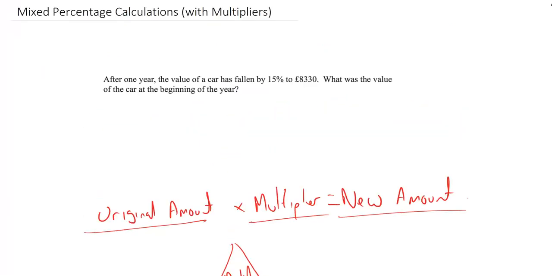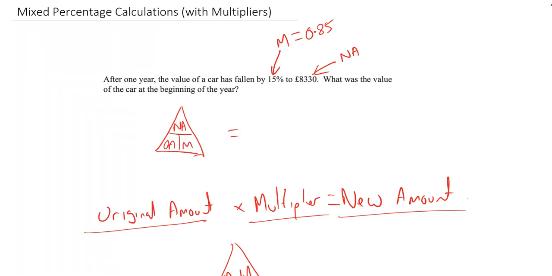Okay, so after 1 year, the value of a car has fallen by 15% to £8,330. What was the value of the car at the beginning of the year? So we've got the multiplier, we can work it out. M is going to be 0.85. We've got the new amount, which is 8,330. We're looking for the original amount. So let's draw that triangle out again. Original amount, multiplier, and the new amount.